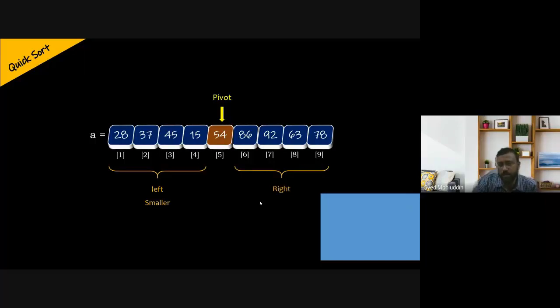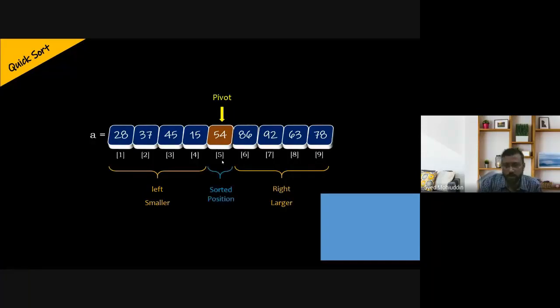All the elements to the right are larger. Therefore, we say that this element 54 is the pivot element. Now, in this case, as an example, it's the middle element, but it need not be.